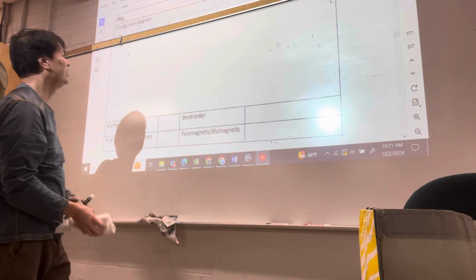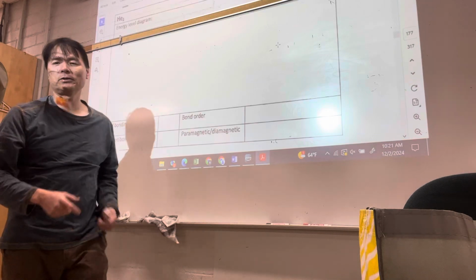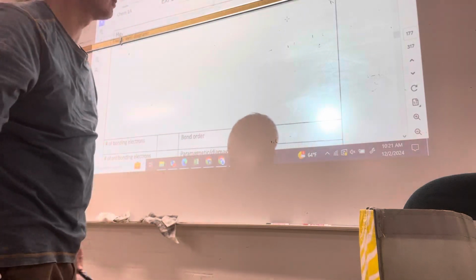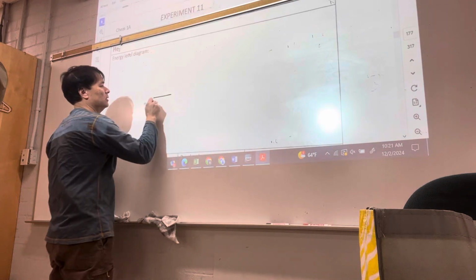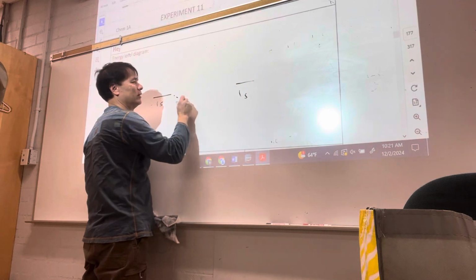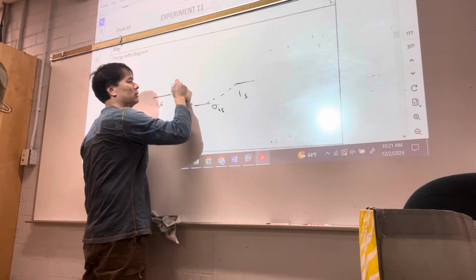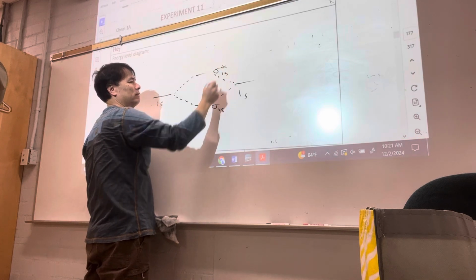And then we go to the MO diagram for helium. We need the first period, or first shell, MO diagram, which people just memorize. 1s, 1s, going to sigma 1s, sigma star 1s.